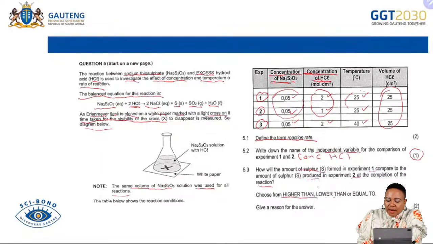We expect the amount of sulfur to be higher than, because the higher the concentration, the greater the number of particles per unit volume. There will be more particles with energy greater than or equal to the activation energy, and there will be more effective collisions per unit time. So you need to explain how an increase in concentration increases the reaction rate or affects the amount of product formed during this reaction.